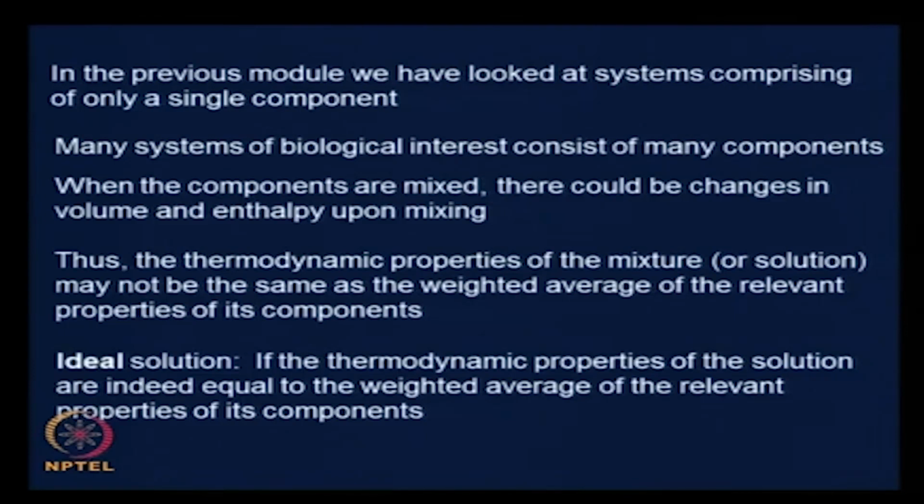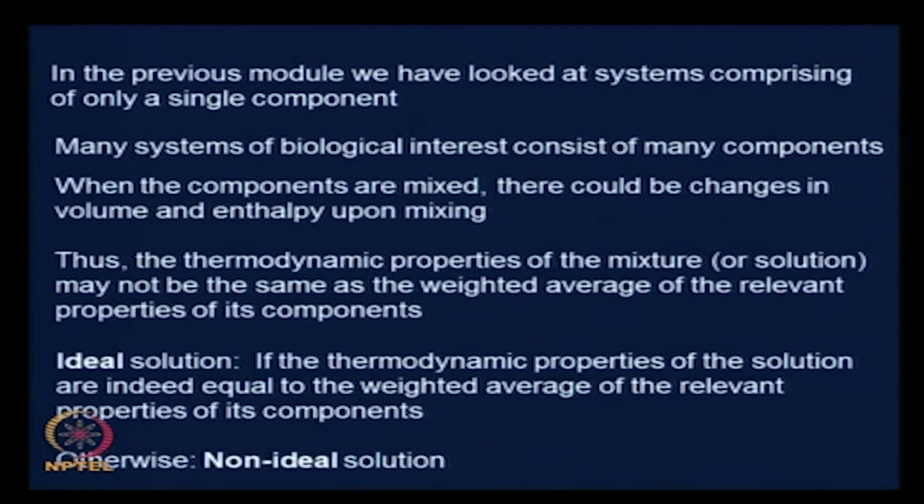If that is so, then it becomes an ideal solution. The ideal solution, in other words, happens if the thermodynamic properties of the solution are indeed equal to the weighted average of the relevant properties of its components. If not, we have a non-ideal solution.